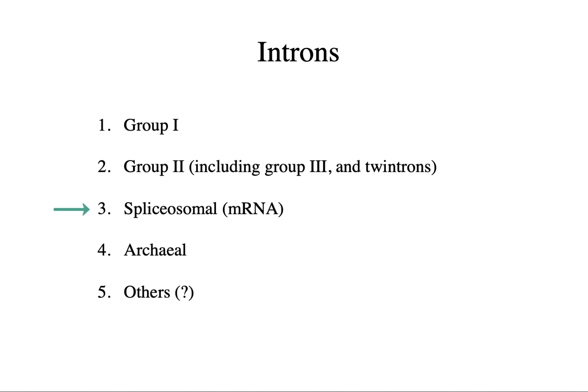Then there are spliceosomal introns, which are primarily in messenger RNAs, and these are derivatives of Group 2 introns. And then finally, archaeal introns, which are different than the others, and there may be other classes or types of introns as well.